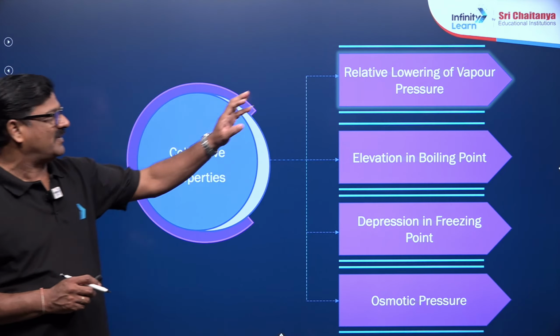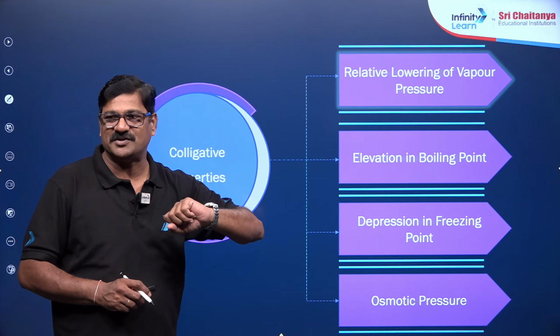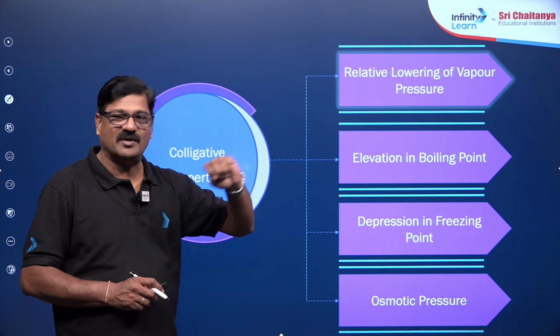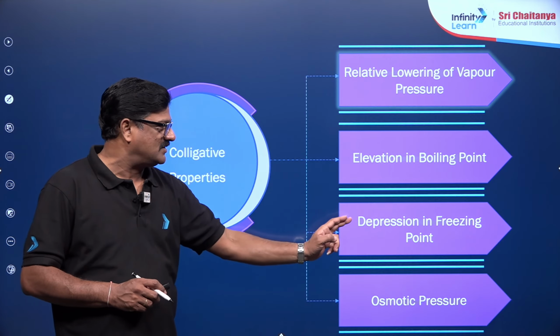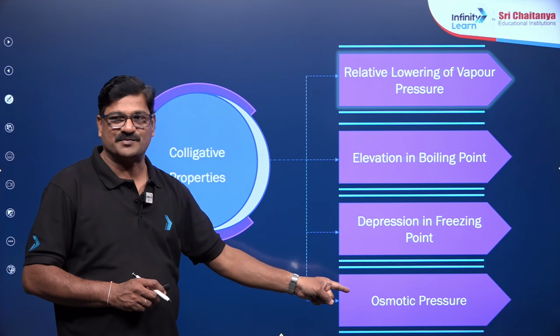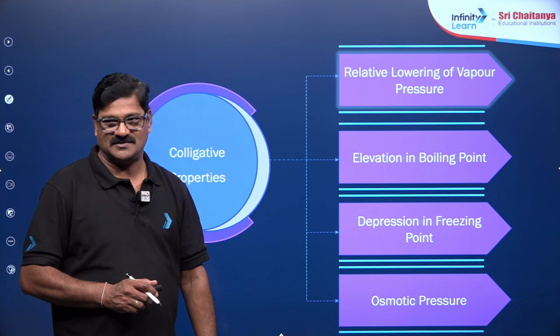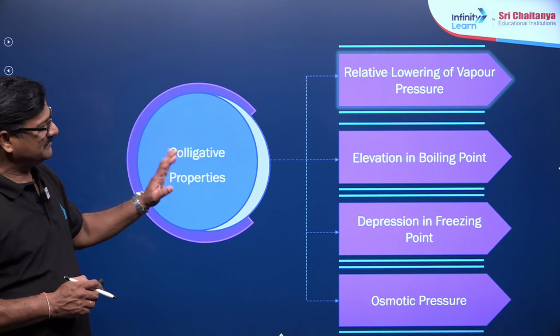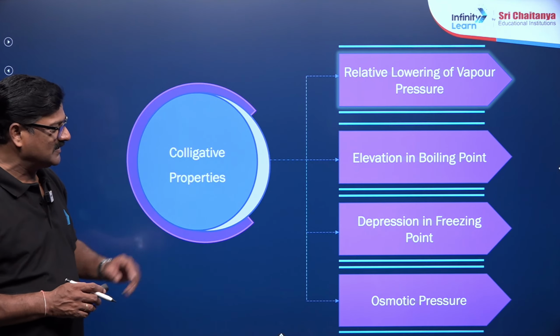These colligative properties are relative lowering of vapor pressure, elevation in boiling point, depression in freezing point, and osmotic pressure. So these are the various colligative properties.